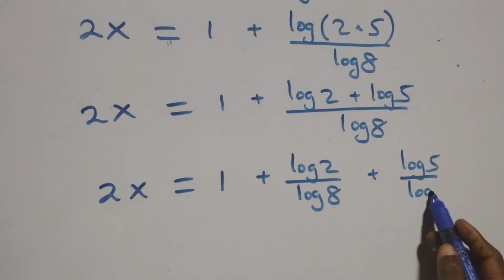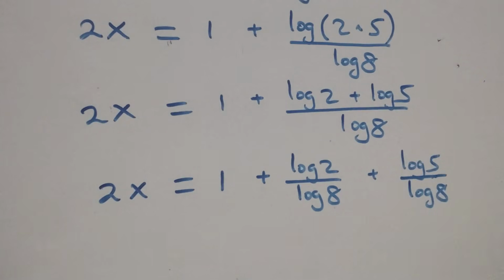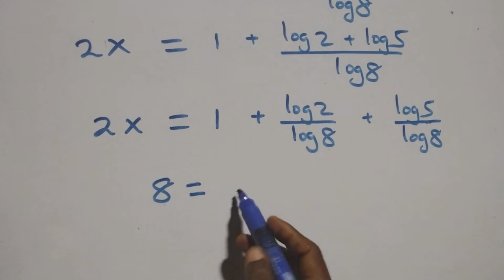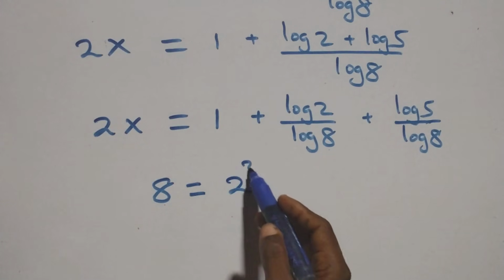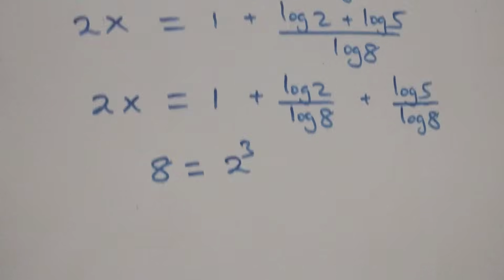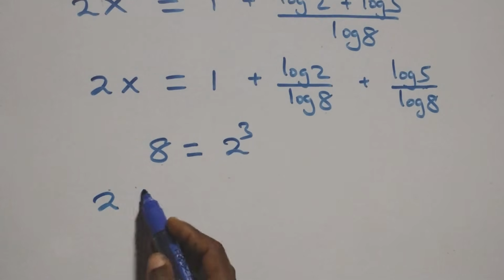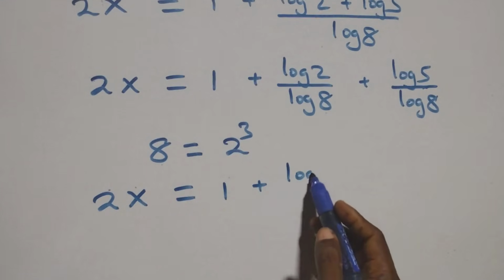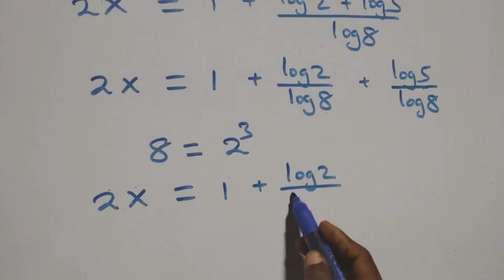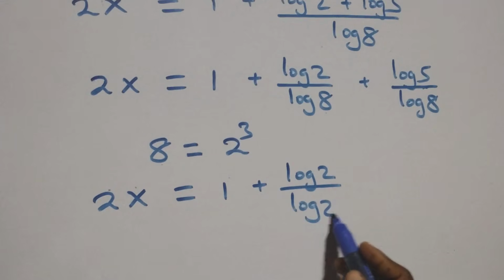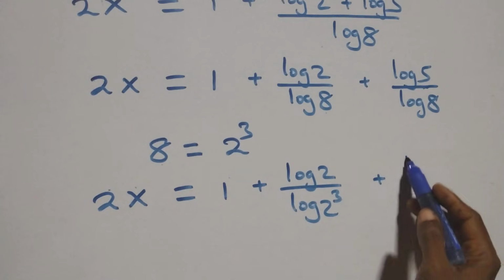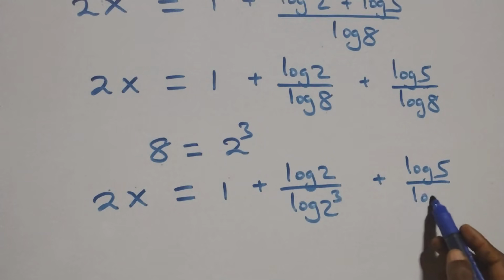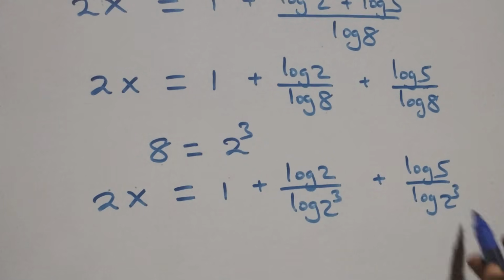Then, next step, we can write 8 as 2 times 2 times 2, which is 2 raised to power 3. Then 2x equals 1 plus log 2 over log 2 raised to power 3 plus log 5 over log 2 raised to power 3.